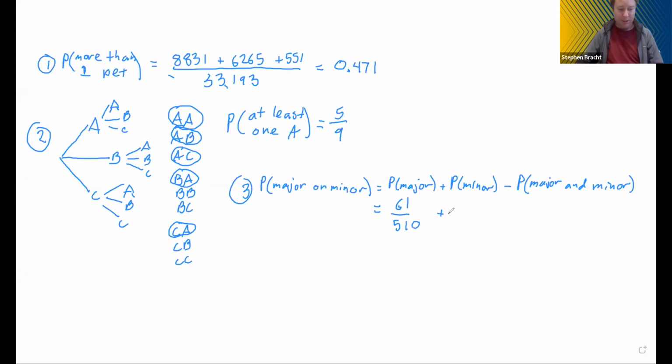Probability of a minor flaw, I would find the column that's labeled minor, and I would add up the numbers in that column, and they add up to 92, and divide that by 510. And then major and minor, I would find where the row labeled major intersects with the column labeled minor. And you would see the number 25 there, and that is out of 510. So that works out to be 128 over 510, or 0.251 as the answer.